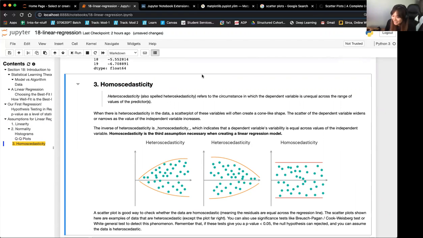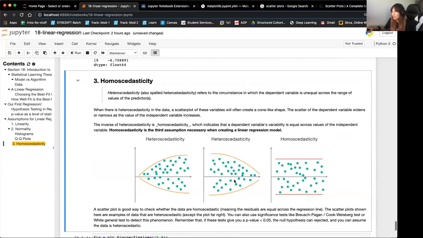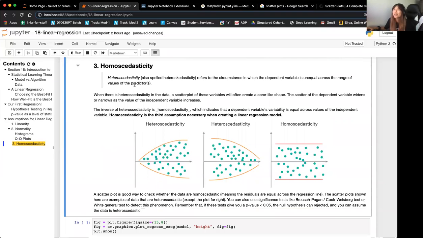Homoscedasticity is something like this, where if you were to plot your data points, you want the variance to be pretty equal. And there are ways to check that. I'll show you later. The opposite of homoscedasticity is heteroskedasticity, where if you have unequal variance, it would look sort of like this when you plot your graphs.